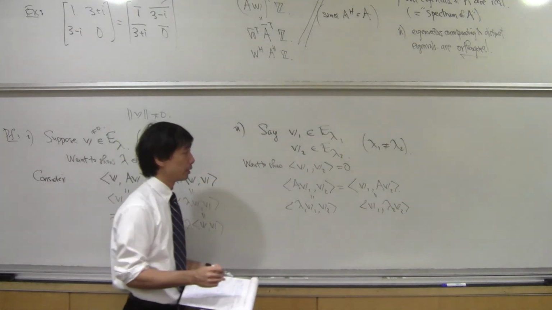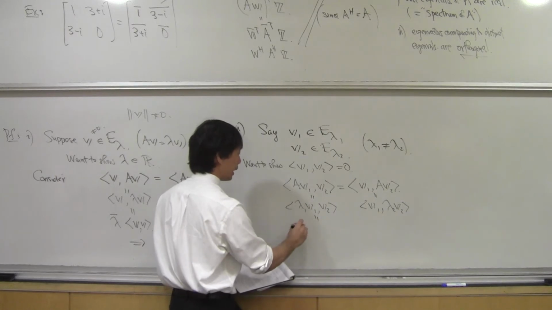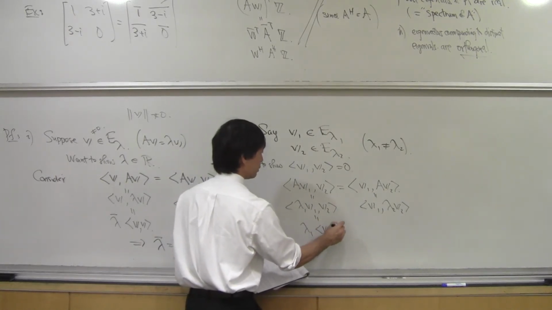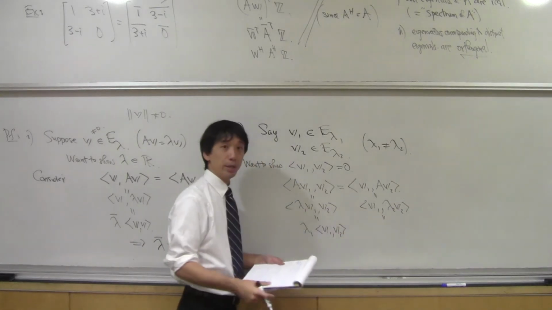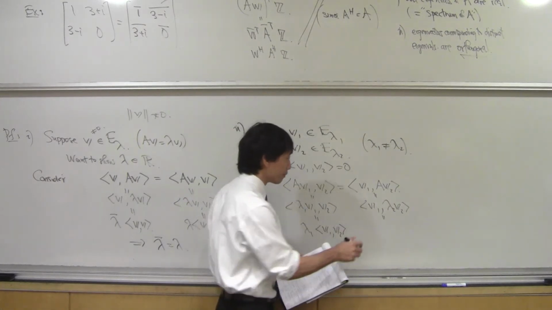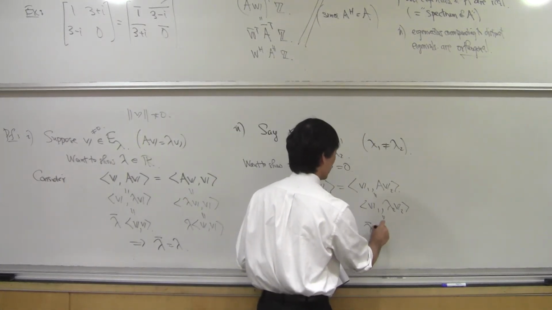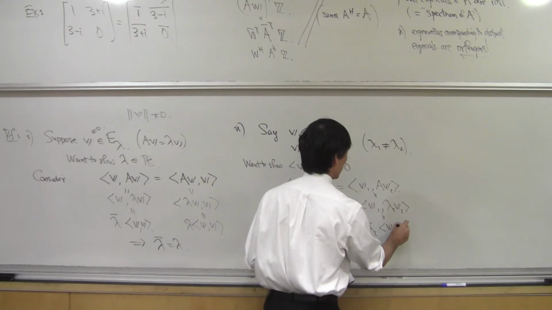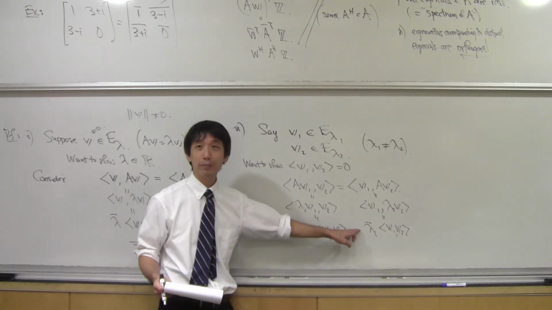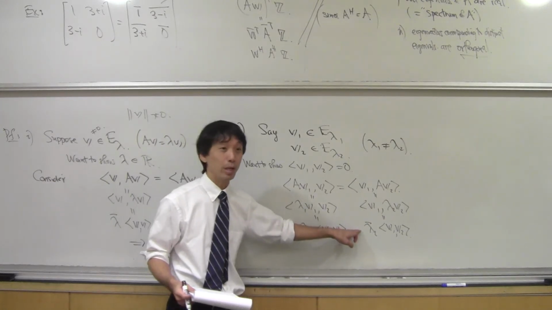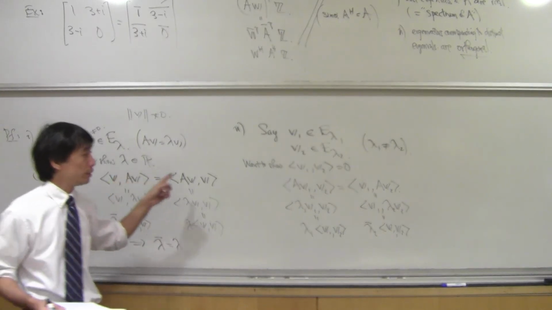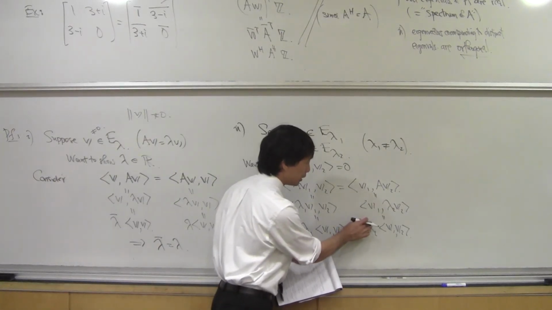We pull out the eigenvalue and we get V1 against V2. And we pull out the eigenvalue here, and what do we get? We get the conjugate, times V1, V2. Which seems to be not exactly what we want, but then we remember that by part 1, all the eigenvalues are real. So lambda 2 conjugate is just lambda 2.